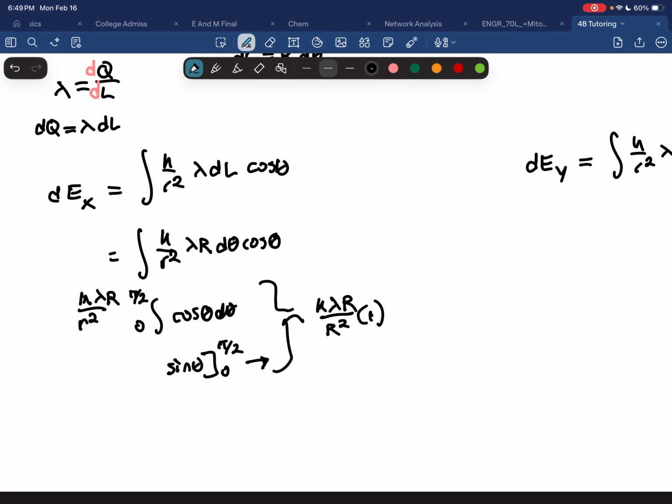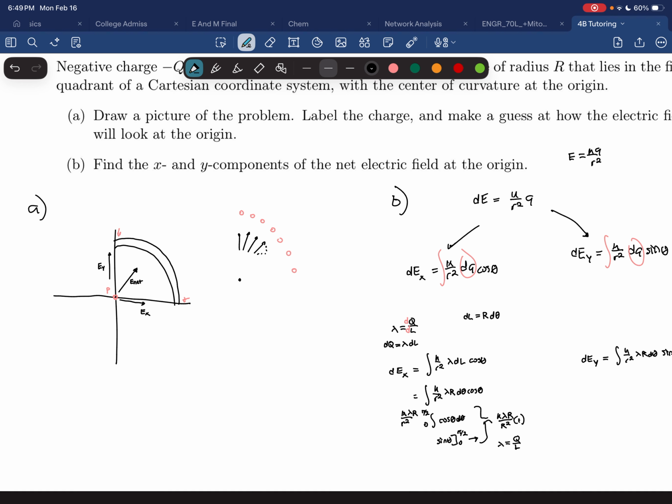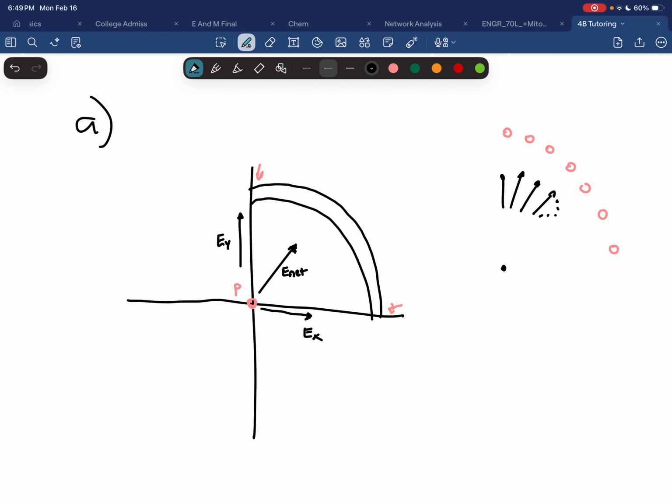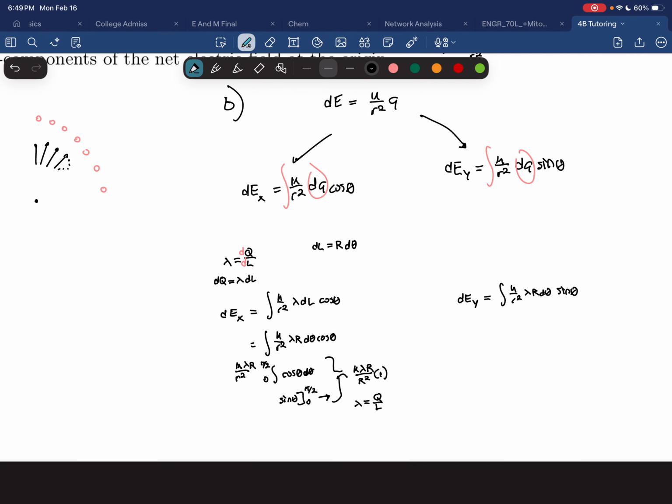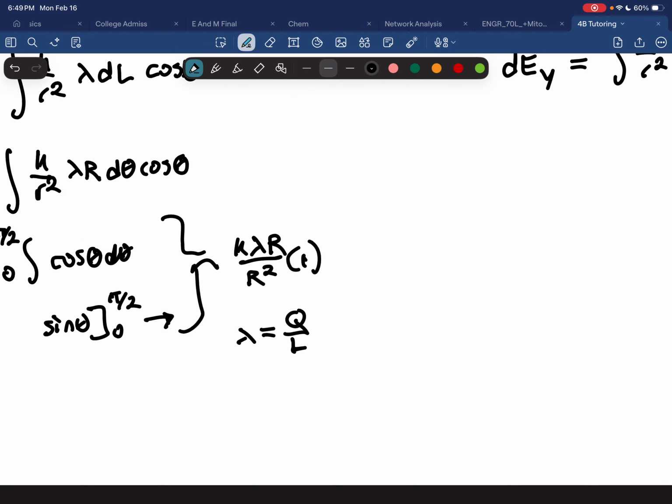Lambda in this equation is equal to, as we know, Q over L. And we know that L is the circumference of this circle. So the circumference of a full circle is 2 pi r. Divided by 4, we get the circumference of this arc right here, which is pi r over 2.